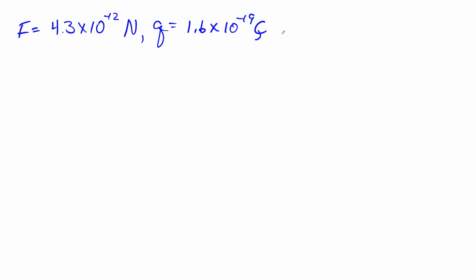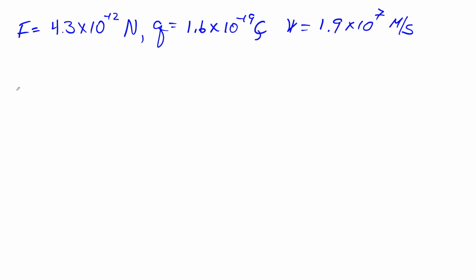And the velocity V is equal to 1.9 times 10 to the 7th meters per second. At this point, there are no conversions to do. Everything's in the base unit that we need.